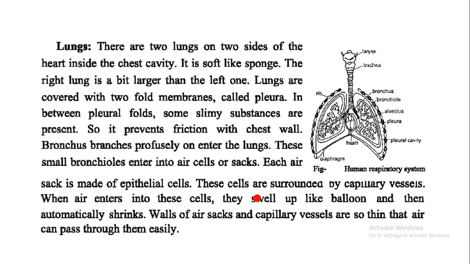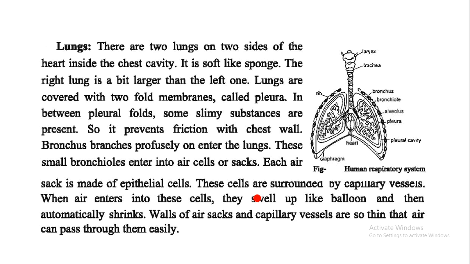There are two lungs on the two sides of the heart inside the chest cavity. They are soft like a sponge. The right lung is larger than the left one. The lungs are covered with two thin membranes called pleura.